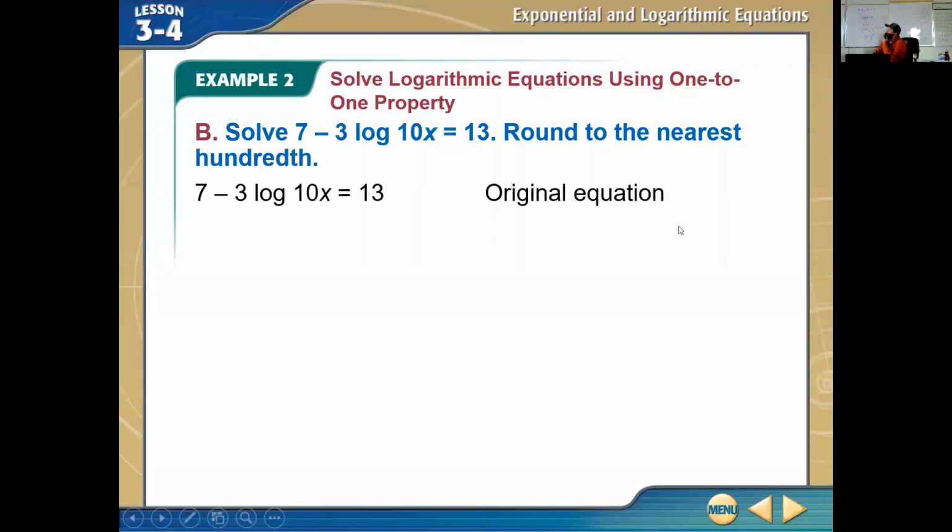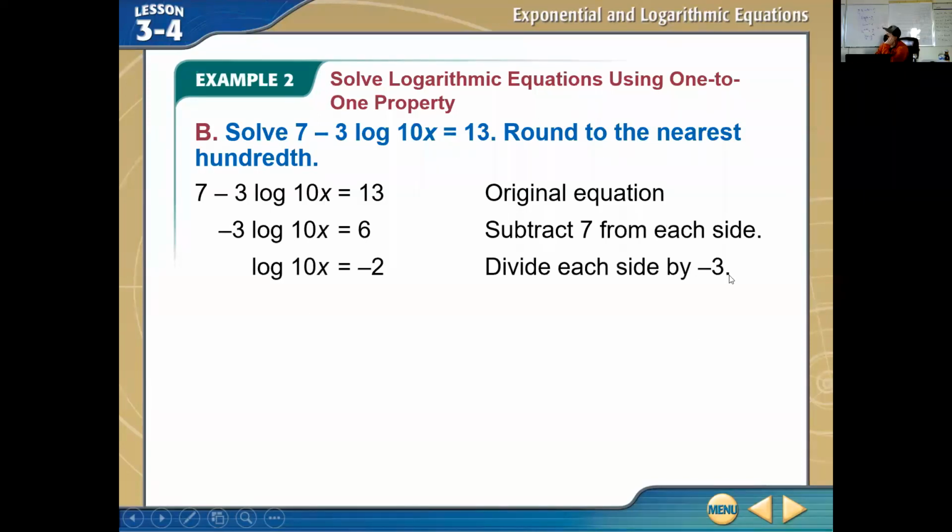See how they solved it. So there's our original equation. They minus 7 from both sides. Divide by negative 3. That's where I did it wrong because I divided by 3 and not negative 3. They chose to write it in an exponential format. That's fine. Either way, you're going to get the correct answer.